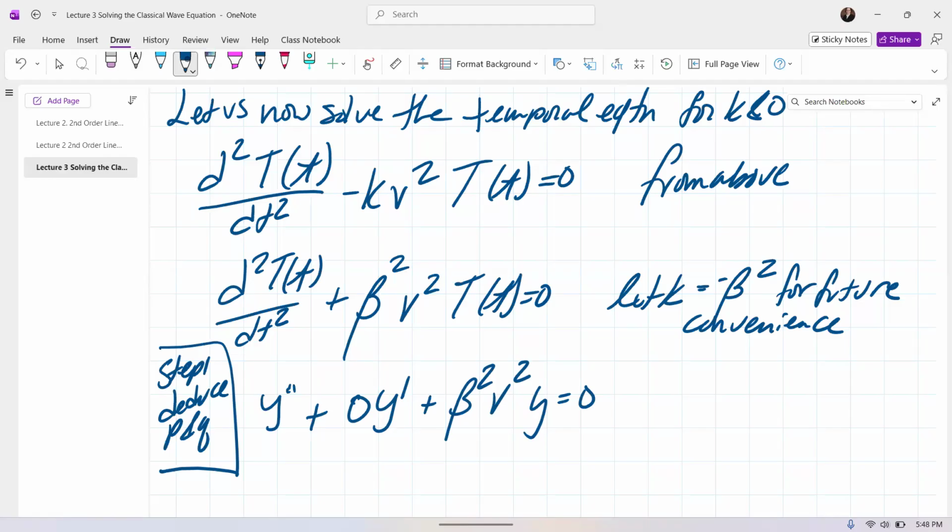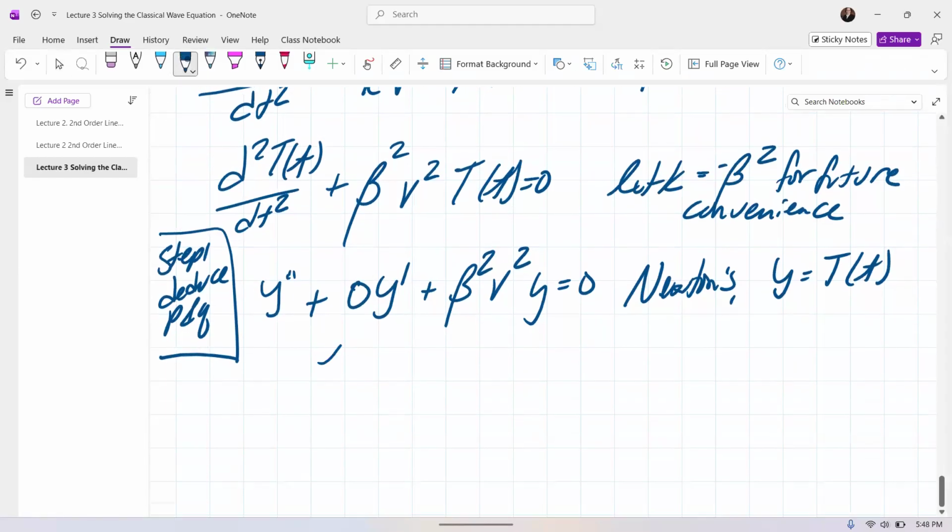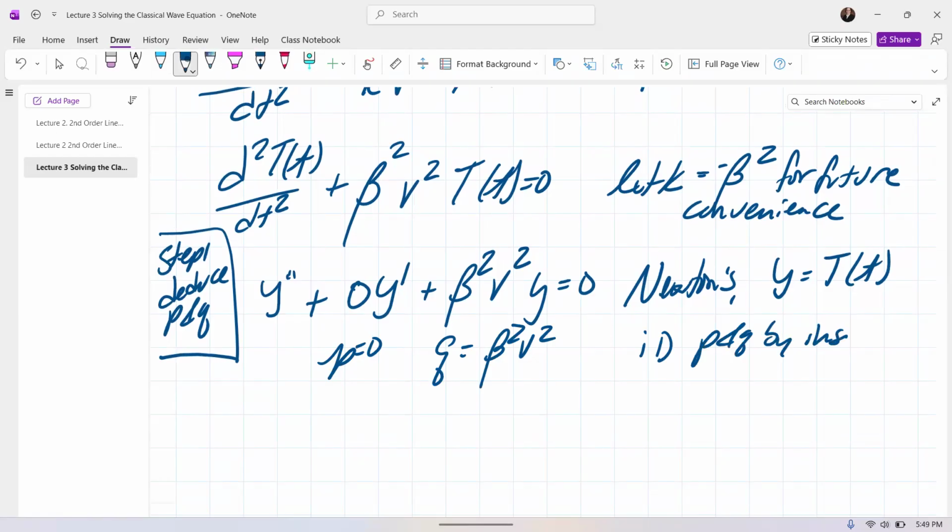So Newton's notation. And also we'll let y be T of t just to make it more consistent with our worksheet. Now we can take a look, and by inspection, P equals 0, right? This is the one that goes with P, and Q equals beta squared V squared. ID P and Q by inspection.